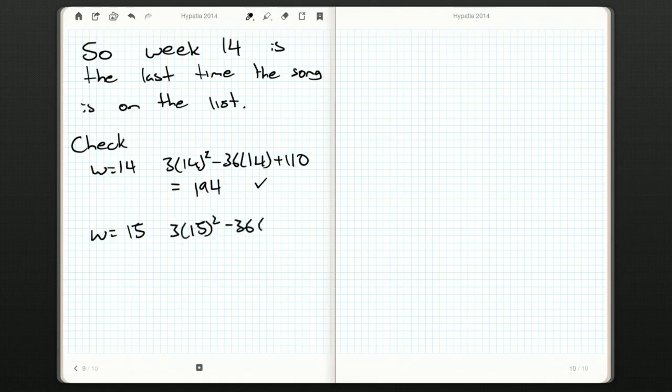We should be off the chart. 3 times 225 minus 36 times 15 plus 110. We get 245. So we now know exactly the last time the song is on the list. It's week 14, and because we know week 15 we get position 245, which is definitely off of the top 200.